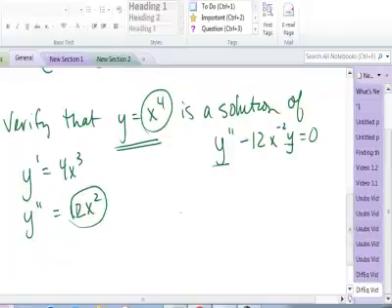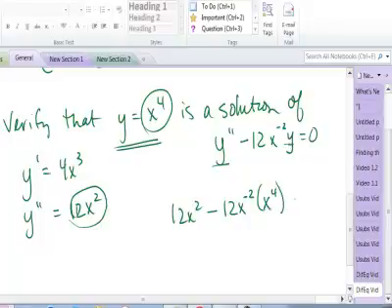Okay, here we go. 12x squared is the y double prime, and we're going to subtract 12 x to the negative 2, and instead of y we'll put in x to the 4th. Remembering our exponent rules, x to the negative 2 times x to the 4, we add those exponents, and sure enough, like terms, the opposite, they add to 0.